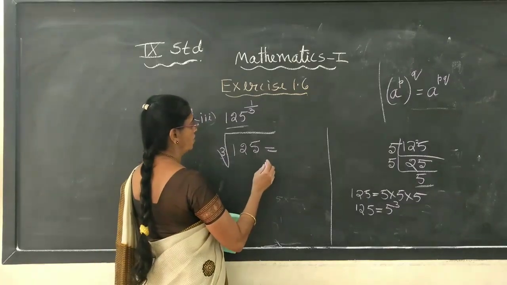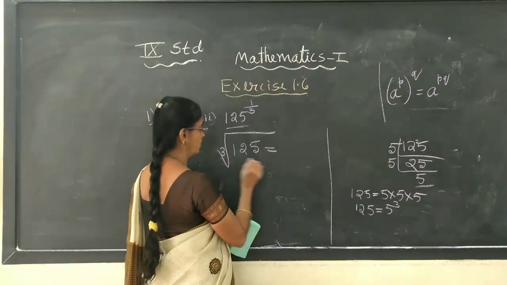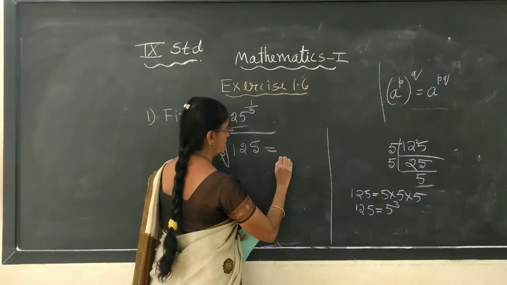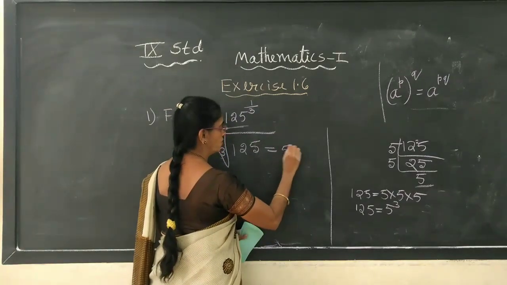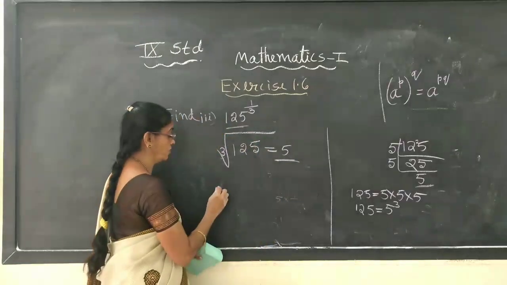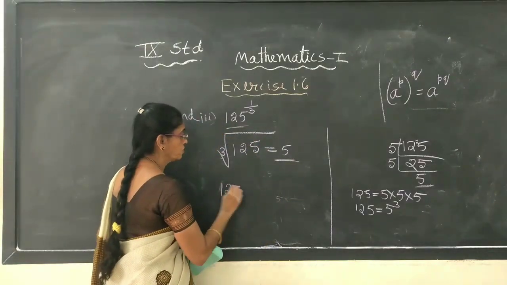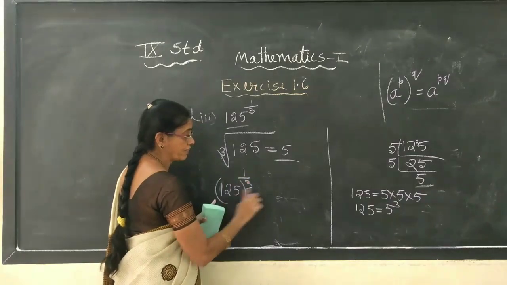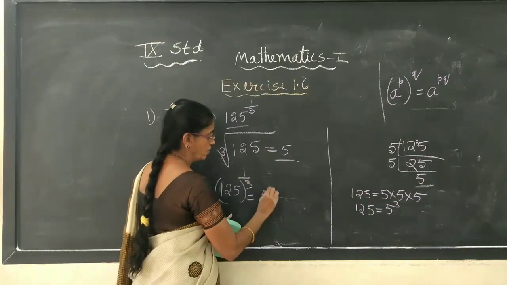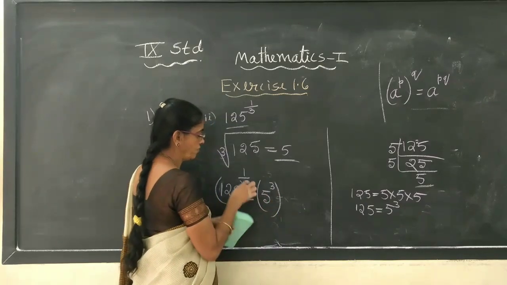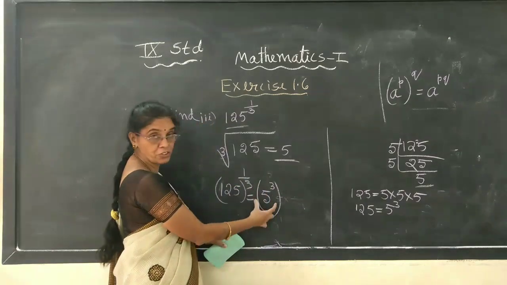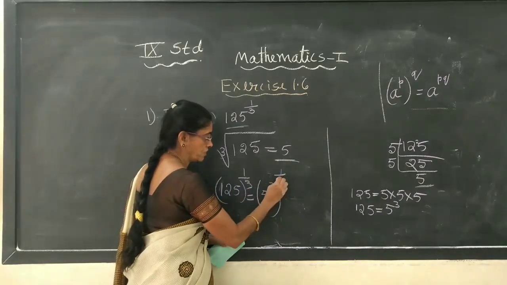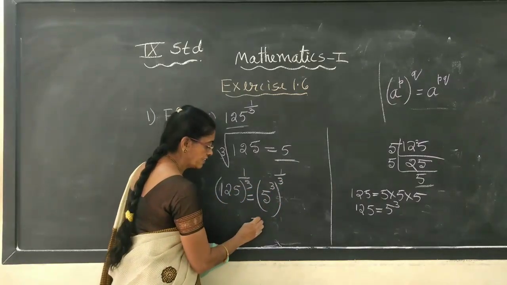So we can write directly that the cube root of 125 is 5. Or if you want to use this method, 125 to the power of 1 by 3 can be written with 125 as 5 cube, so 5 cube to the power of 1 by 3, using brackets.